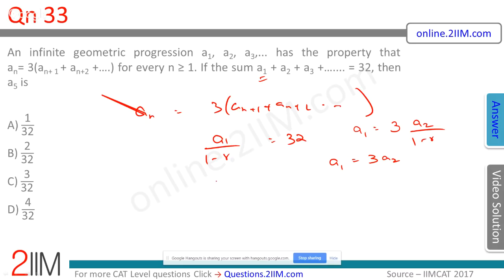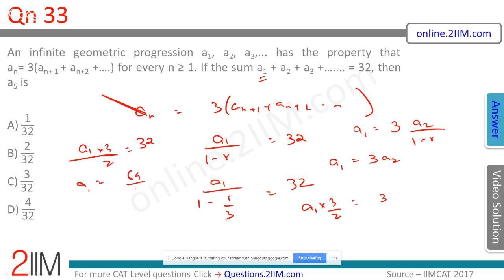And so A1 by 1 minus 1 by 3 is 32. A1 into 3 by 2 is 32. A1 is 64 by 3.